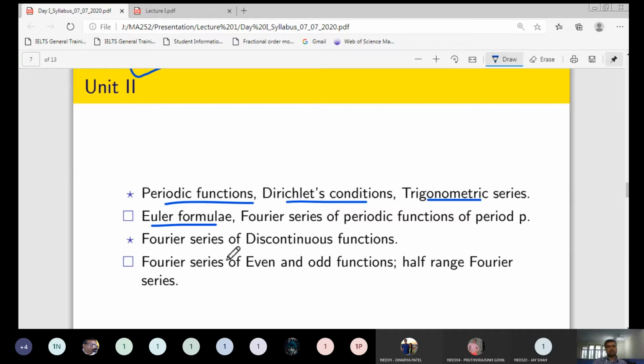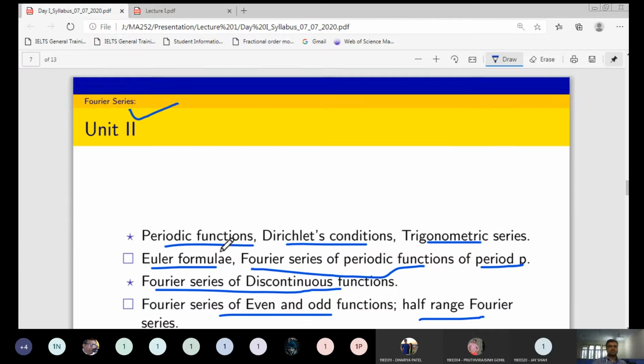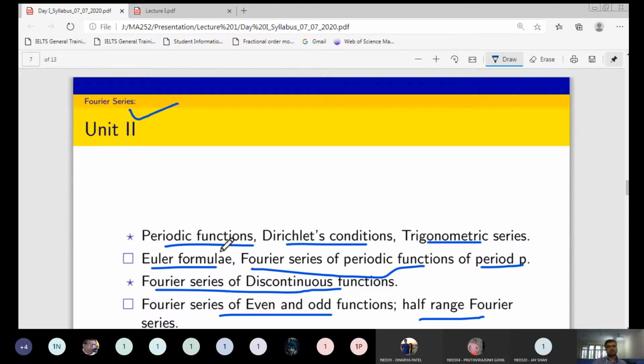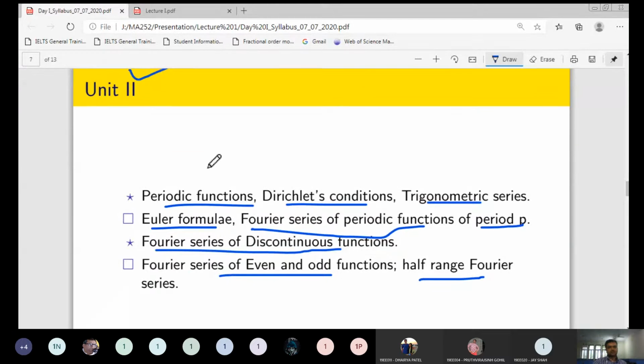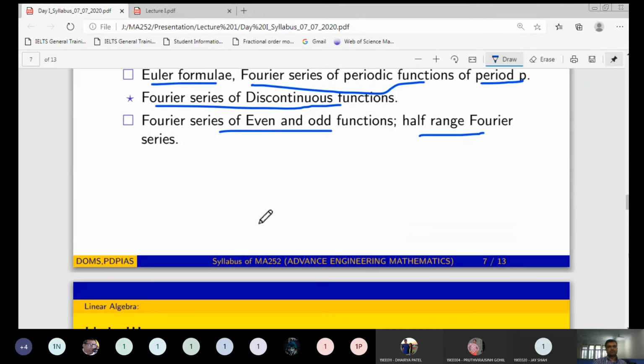We also learn about the Euler formula of Fourier series of periodic functions with period P, Fourier series of discontinuous functions, Fourier series of even and odd functions, and half range Fourier series. This unit is very good for your marks and concepts, because there is only one important method in this unit, so you can score well in it.